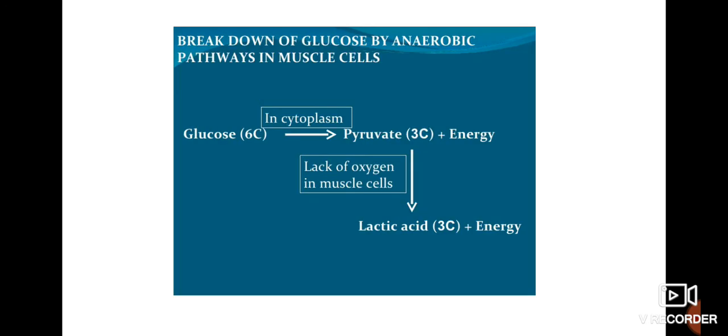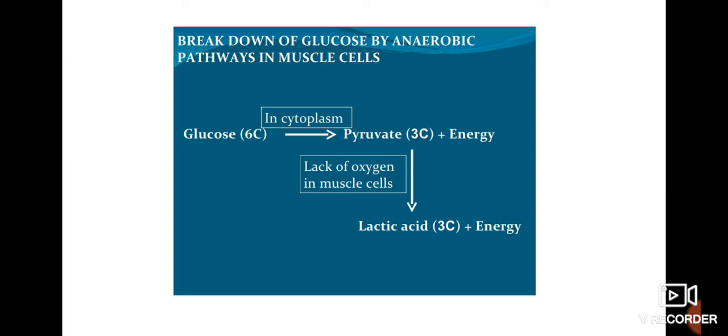Now let's start with the breakdown of glucose by the anaerobic pathway. What happens in the muscle cells? Suppose an individual undergoes heavy exercise. He will utilize more oxygen than what is available within him.